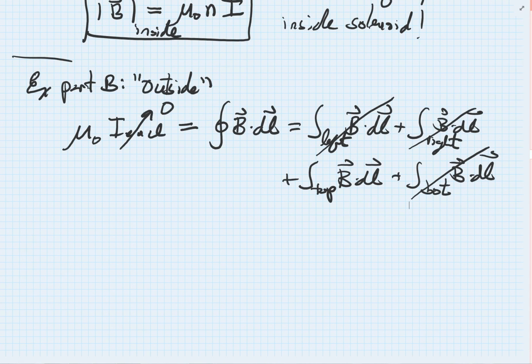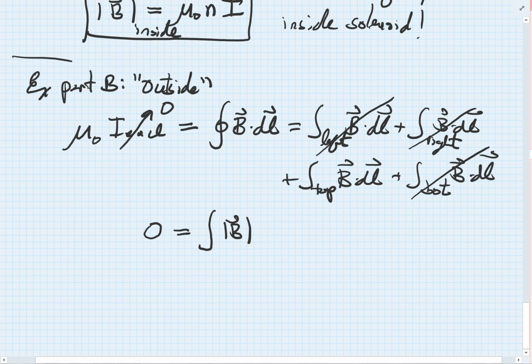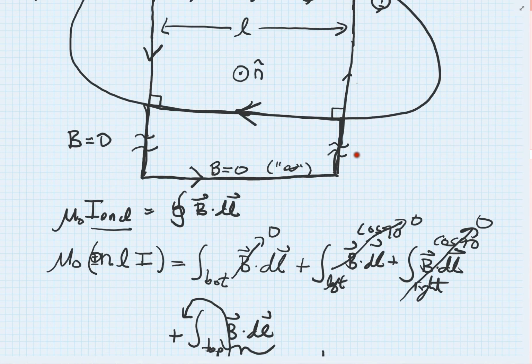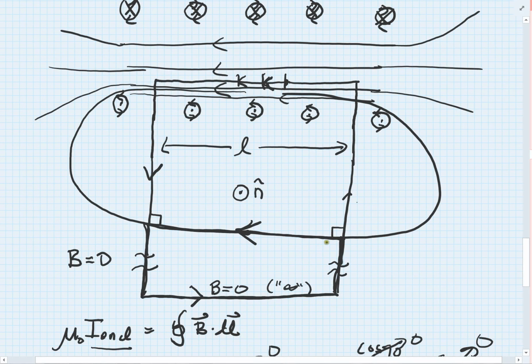What I conclude then is that 0 from the left-hand side is going to equal the integral along that top portion, which will be the integral of the magnitude of B at that outside part of the solenoid times the magnitude of dl times the cosine of the angle between them. In this case, notice my loop is looping around in this direction, that's how I made it a closed loop.